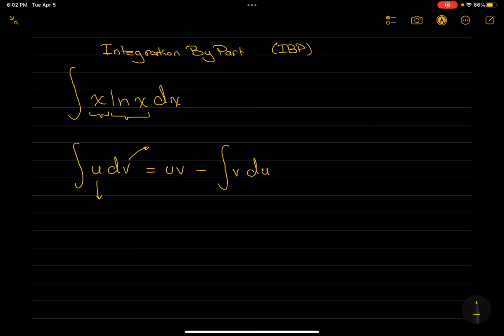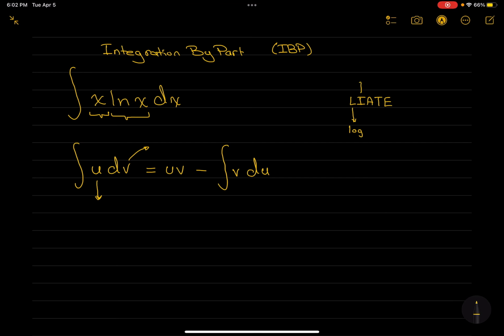Okay, so in order to decide which one gets the priority, whether u or v, you have to use a simple rule, which is called the LIATE rule. In the LIATE rule, the L stands for log. So basically log comes first.